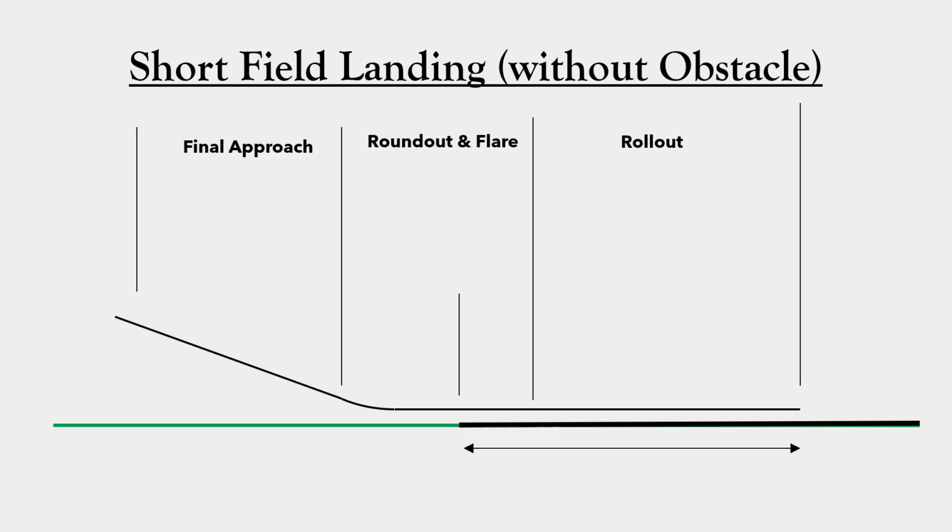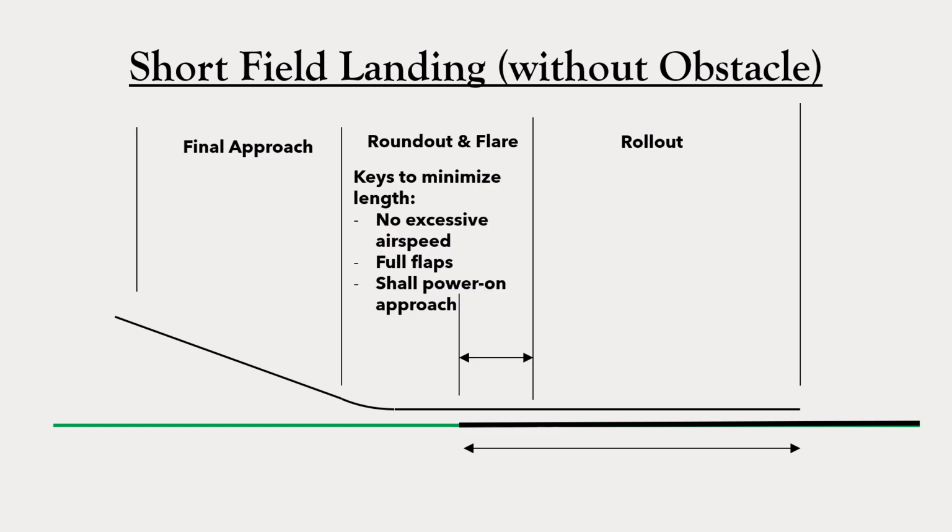So the distance between the beginning of the runway and the point you stop has two components. The first is the distance between the beginning of the runway and the point that you touch down. The keys to minimizing that length: you want to fly your approach with no excessive airspeed so that you minimize the distance that you will float.